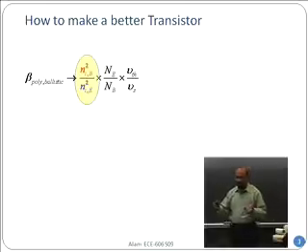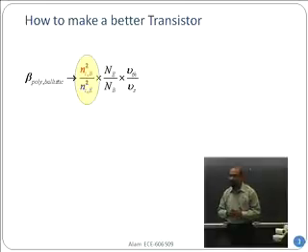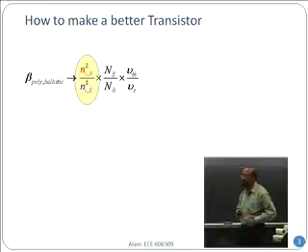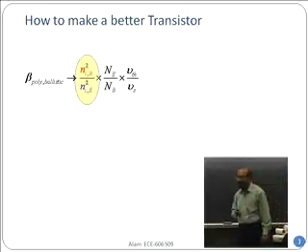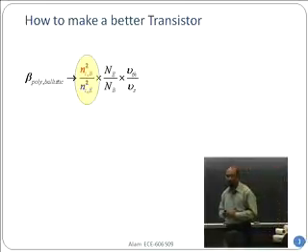And the problem is that as you keep making your base smaller and smaller, eventually you have the thermal velocity limiting your transport or gain. So at that point, you really do not have any other option but to look at the sole remaining factor, which is the intrinsic carrier concentration, Ni squared in the base and Ni squared in the emitter.